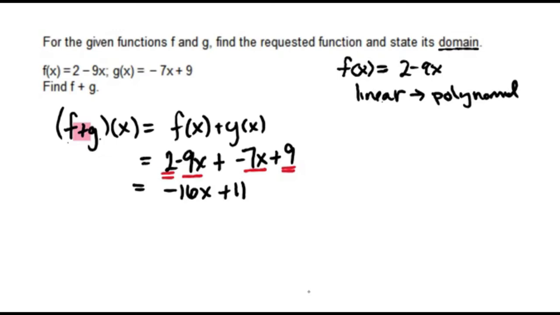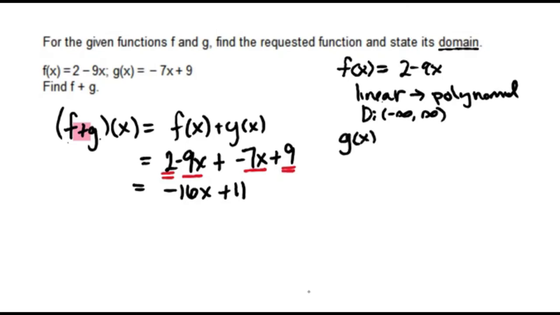And when you have a polynomial function, its domain is all real numbers. Polynomial functions have no restrictions on their domain. So that domain is all real numbers or negative infinity to infinity.